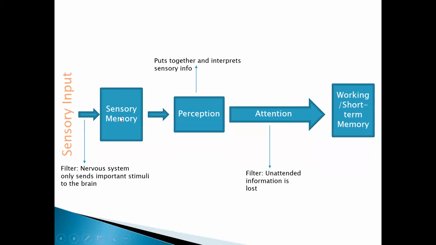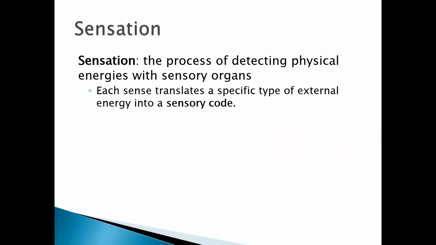Focusing on the first half of that model, we're going to start with sensory input, or as we would call it, sensation. This is the very first step in information processing, where our sensing organs, we have 5 of them, right? We have our skin, nose, taste buds, ears, and eyes. Someone argued there's a 6th one, but that's beyond this discussion.